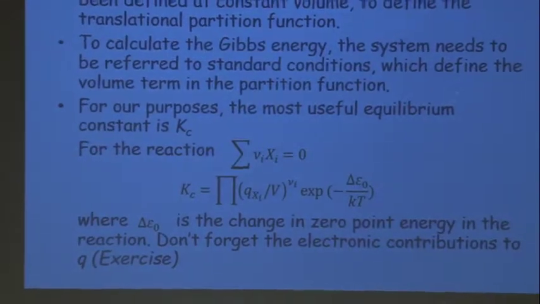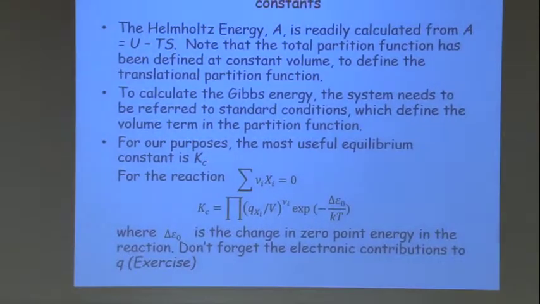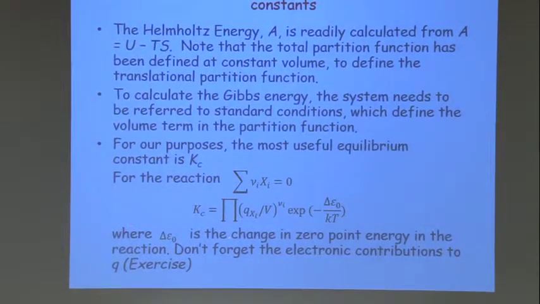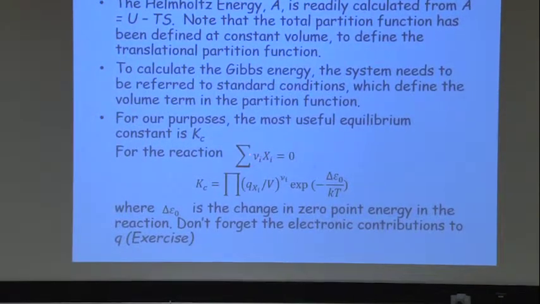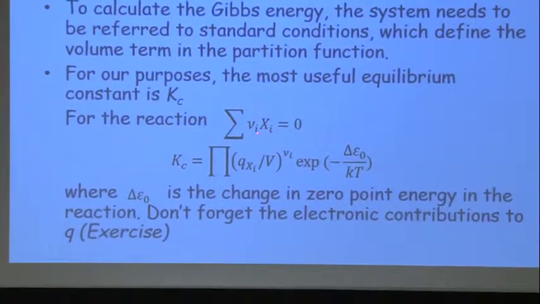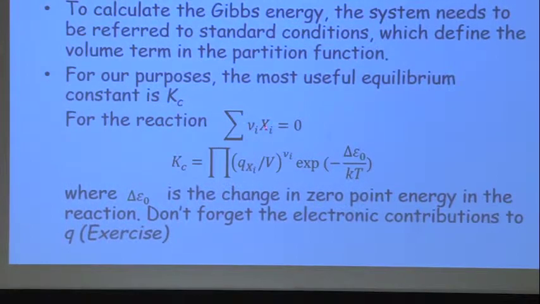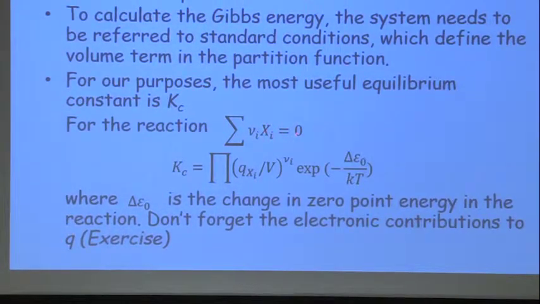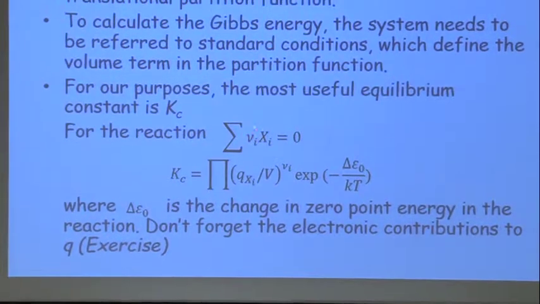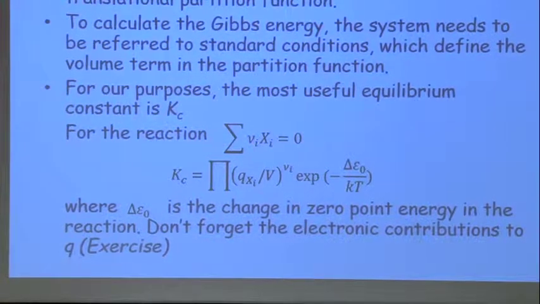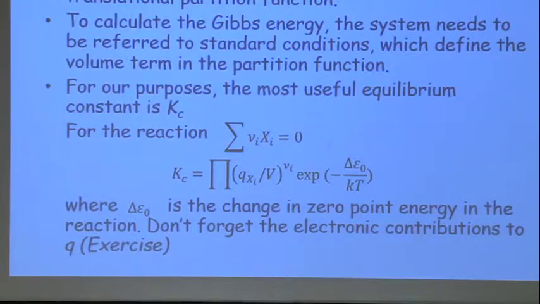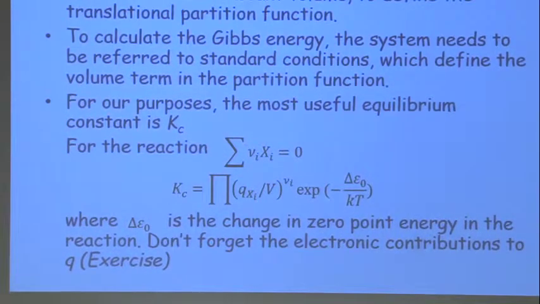For our purposes, the most useful equilibrium constant is Kc, and Kc is, for a reaction of this sort, so that's stoichiometric number times reactant equal to 0. We make the stoichiometric numbers for the reactants negative, for the products positive. So that's a simple schematic way of writing down the reaction.